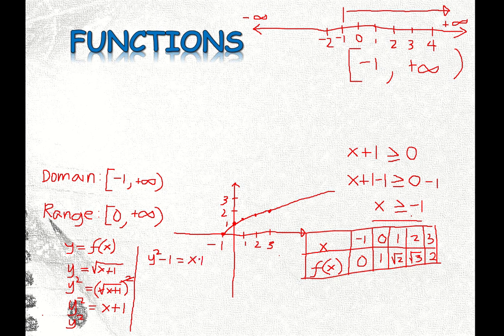On the right side we have x plus 1, and we also have to subtract it by 1. So 1 minus 1 would be 0. So we have x equal to y squared minus 1. Or you can say x equal to y squared minus 1.